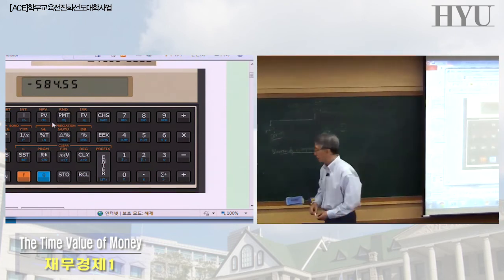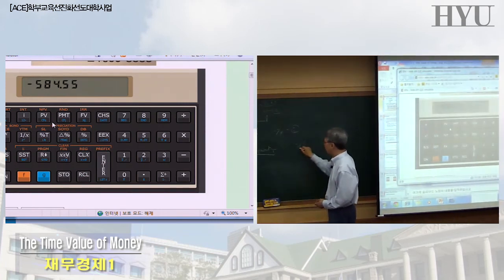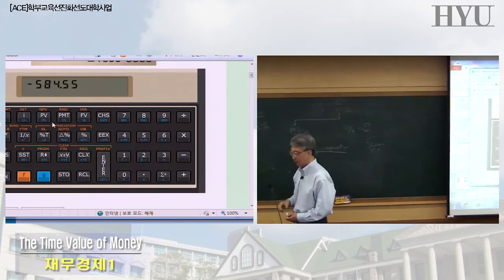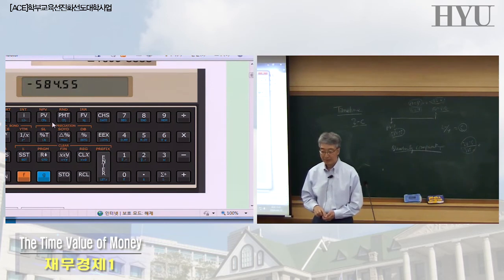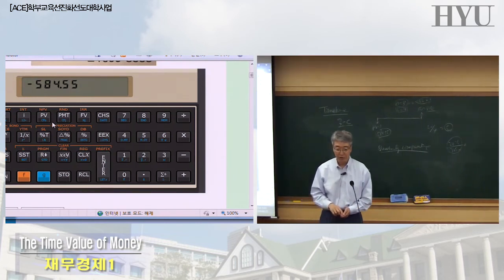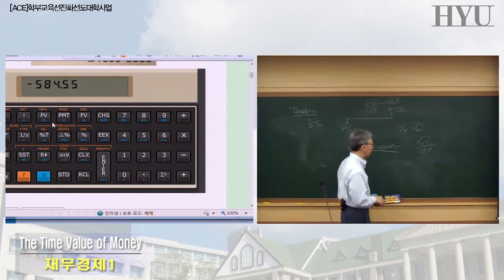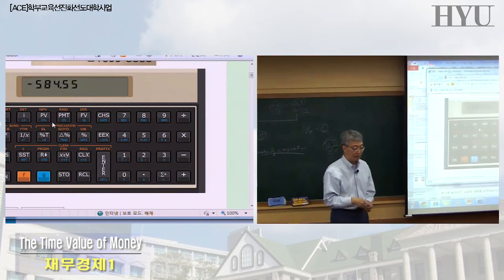So if they charge, say, 24%, they divide 24% by 365, and whatever comes out they use as the interest rate to compound every day, right? Any guess why they would do that? Because it's to their advantage. Their interest income will be higher, rather than using 24% compounding just once, or 12% compounding semi-annually.